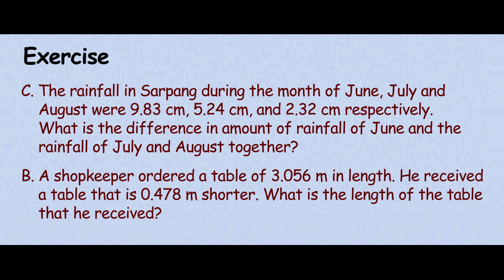What is the difference in amount of rainfall of June and the rainfall of July and August together? So here, be careful. We are finding the difference between the rainfall of June and July and August together.